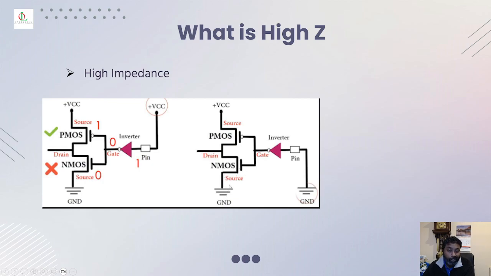So this can only give a 0 or what is called a floating value. That's what we measure as high impedance, because it's in a fluctuating mode between 0 and trying to get close to the VCC value. So that's the difference. When it is connected to VCC, the PMOS is active, so you get logic 1, and when the pin is connected to the ground, you get either 0 or high impedance.